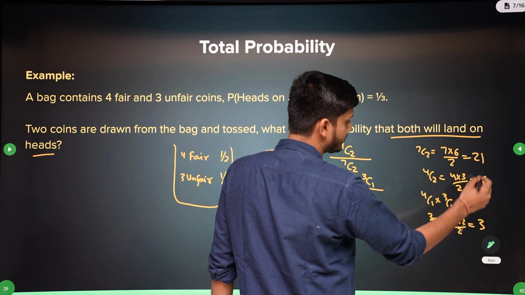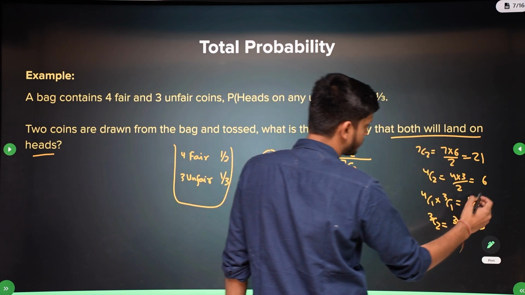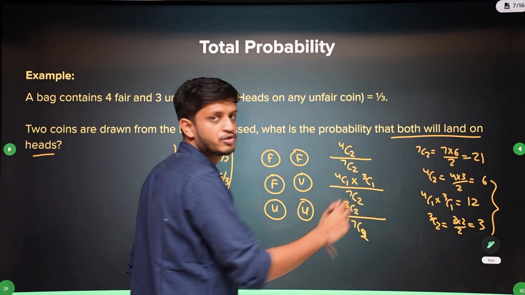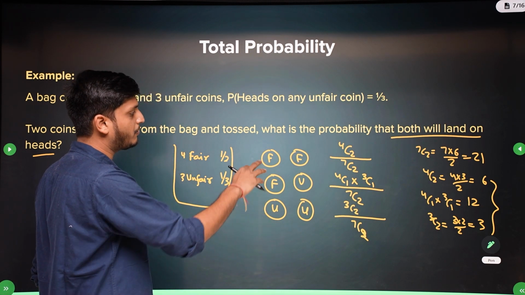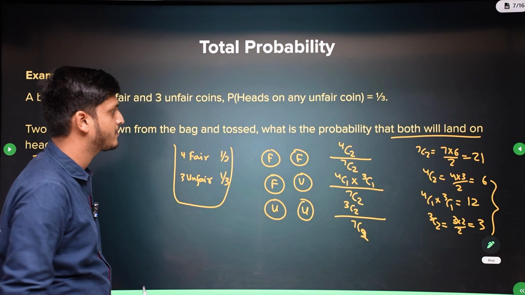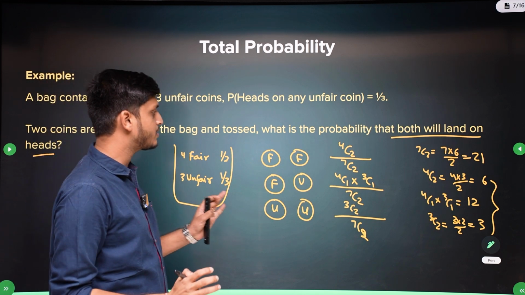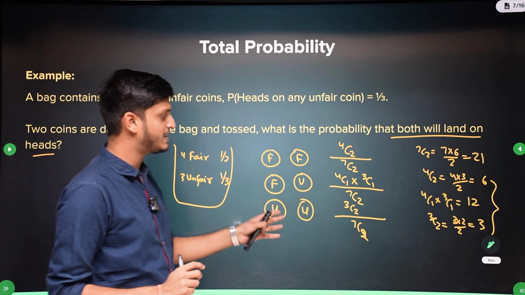So 12 plus 3 plus 6 is 21. Yes, the sum of the numerators is 21, which means only one of these 3 cases can happen, and we calculated the probability of each configuration.